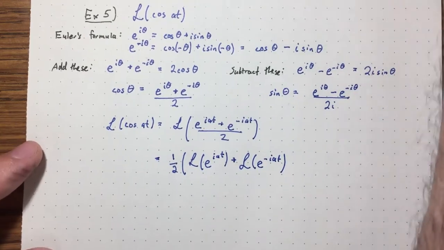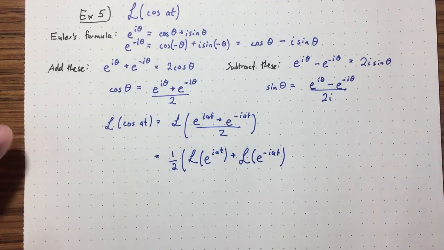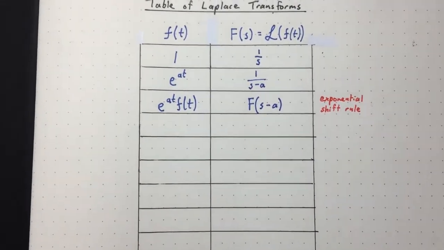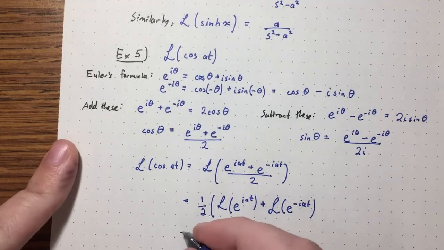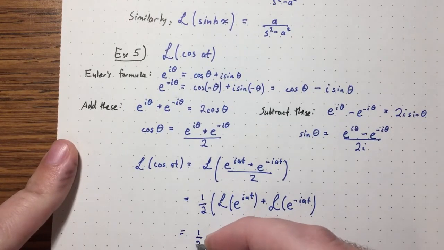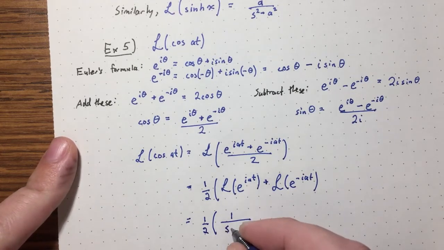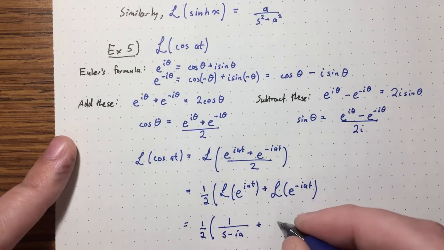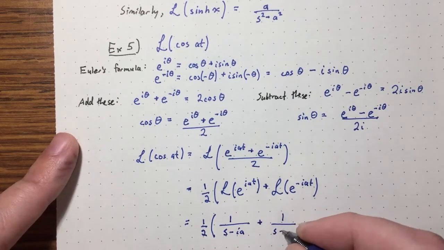And if we believe that this formula works for complex numbers, which it turns out it does, we get 1 over s minus ia, I'm just using our formula for the exponential, plus 1 over s plus ia.